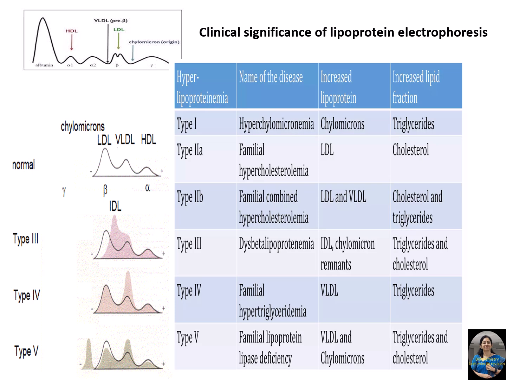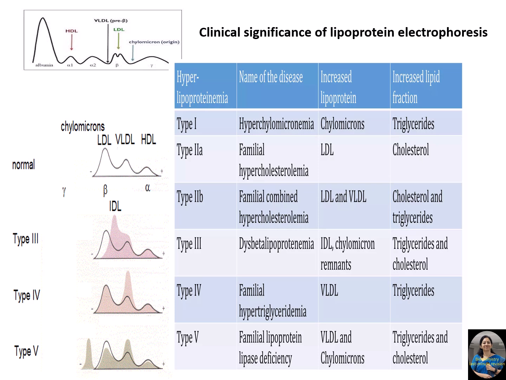Now this is of great importance. The electrophoretic separation of lipoproteins is of great importance in identifying different Fredrickson's hyper and hypolipoproteinemias. For example, in type 1 there is increased chylomicrons. In type 2 there is an increased LDL band in the beta region.